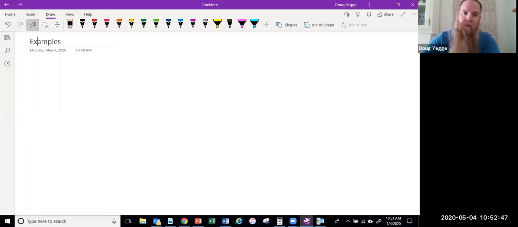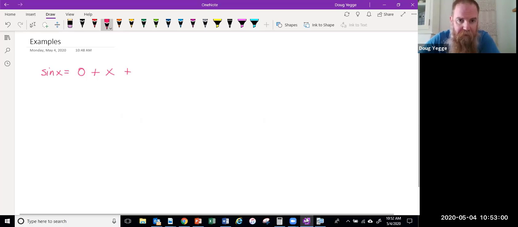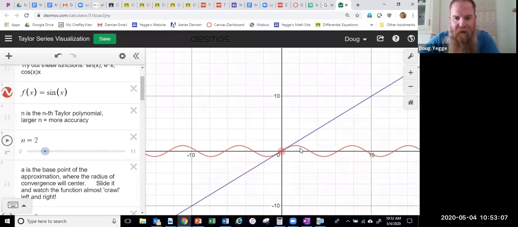Okay, so I'm starting to see that sine of x is starting to look like, well, 0 x plus x plus something. But it doesn't look like, hopefully you're noticing, that's not quadratic. So what does that imply?